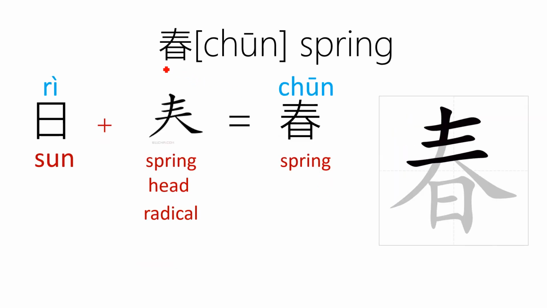Next one, 春 means spring. And to make this character, again, we have 日 as the sun radical, and we have another radical called the spring head radical. Why is it spring head? Because it is just the head part of this character 春. So actually this radical is not very commonly used, probably just for a few Chinese characters.